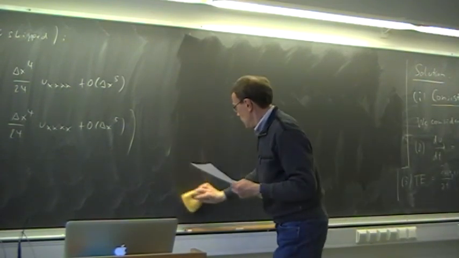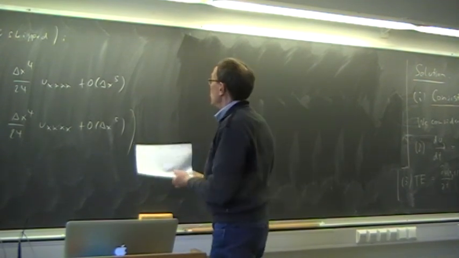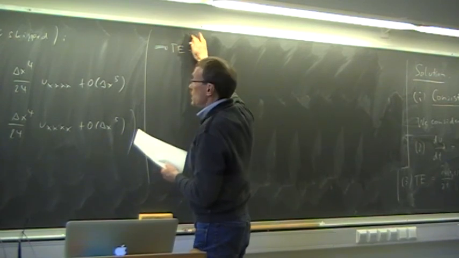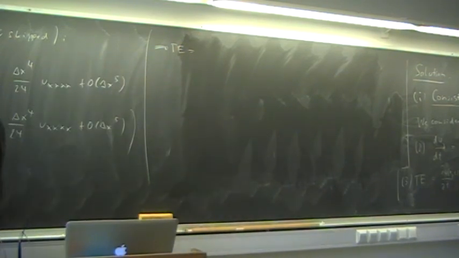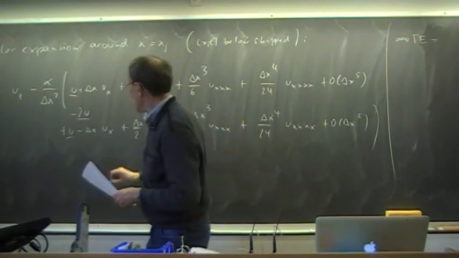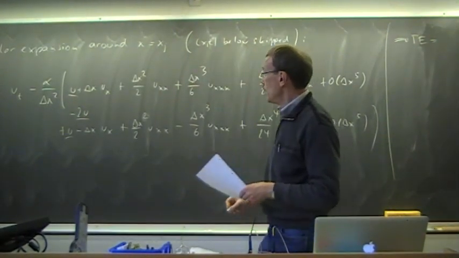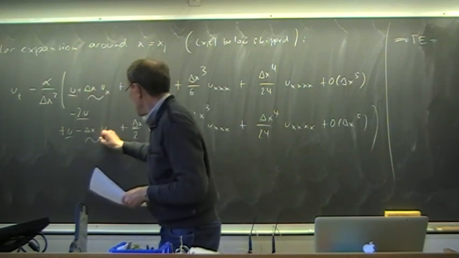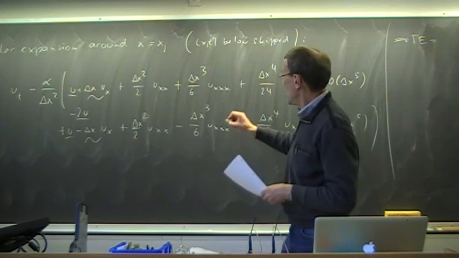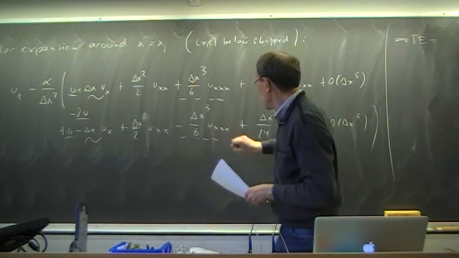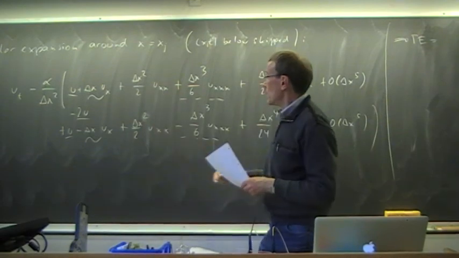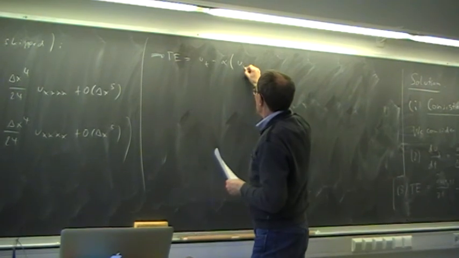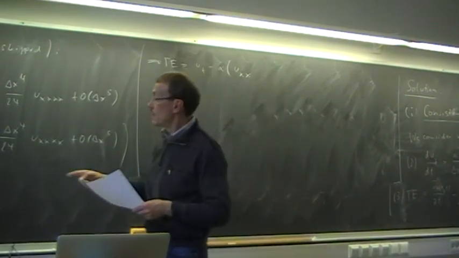The u terms cancel, the delta x u_x terms cancel, and so we get u_t minus alpha u_xx.